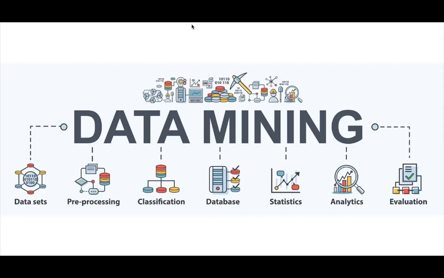Actually, data mining is the process of analyzing enormous amounts of information and data sets, extracting useful intelligence to help organizations solve problems, predict trends, mitigate risk and find new opportunities to make data-driven decisions.